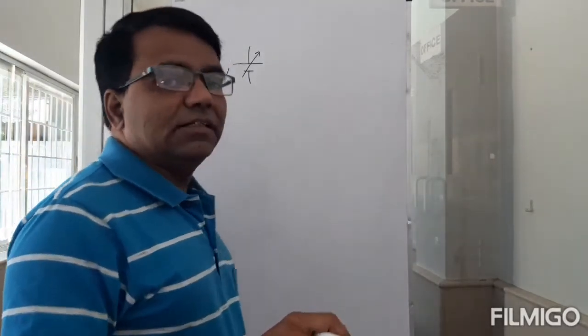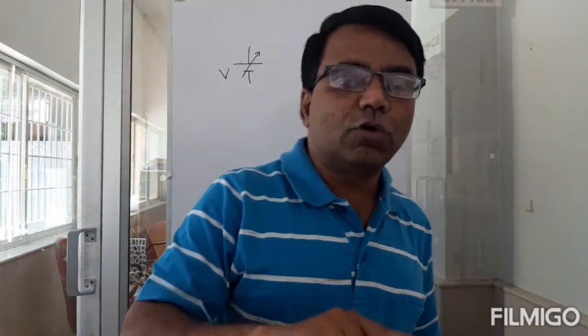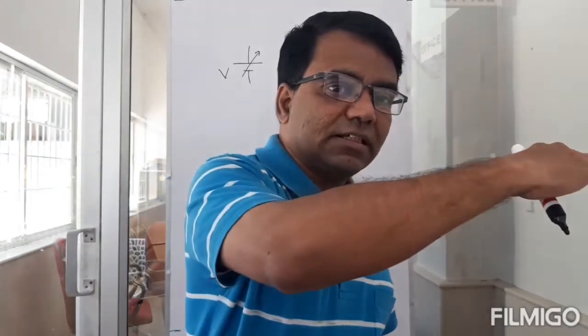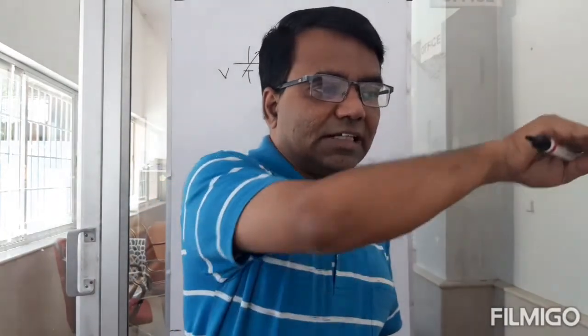But in AC, the current will flow in both directions. For some time, the current will be flowing in this direction, and for some other time, the current will be flowing in the opposite direction. So that is why you call it alternating current. It alternates the direction.